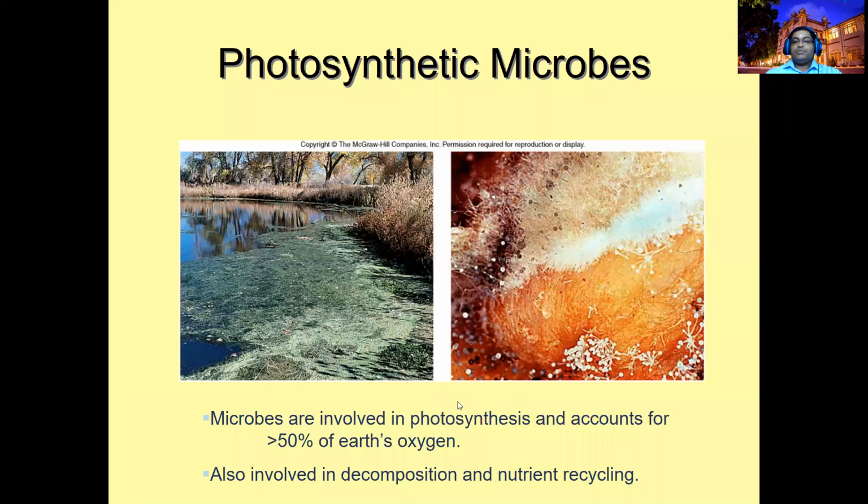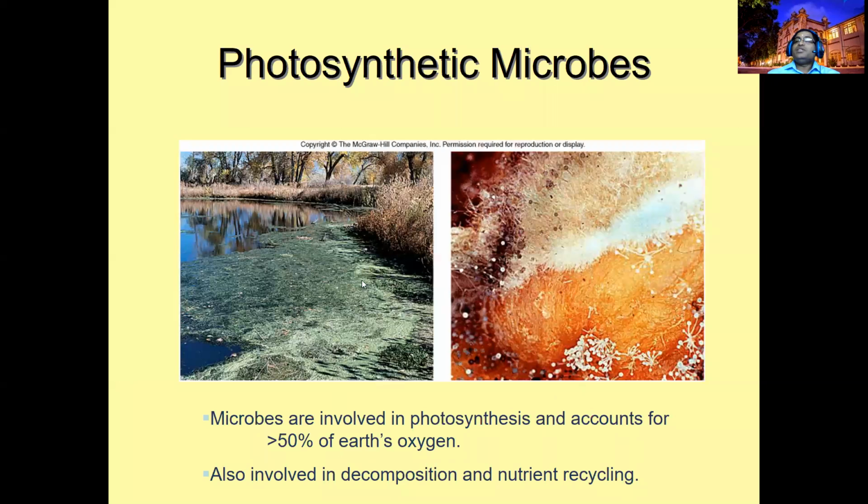So this is a picture showing how these photosynthetic bacteria help. This is a beneficial effect of microorganisms, especially photosynthetic bacteria present in the ocean, or where anthropogenic activities are not present. These bacteria are producing oxygen through their photosynthesis.